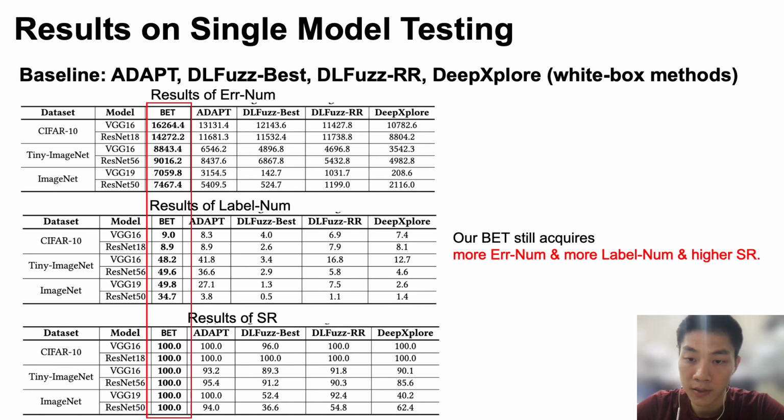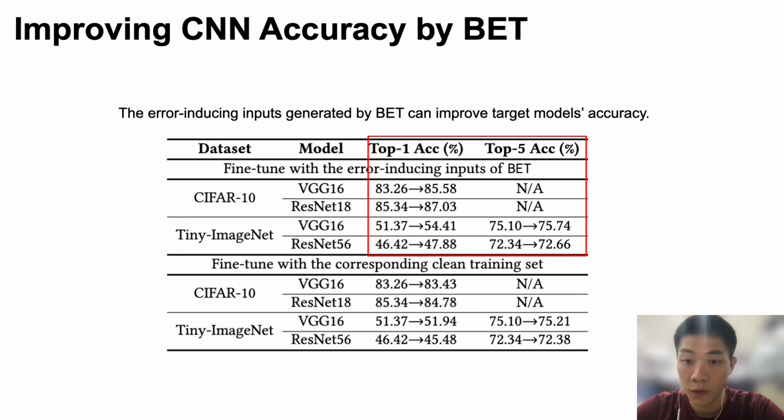In single model testing series, we still acquire more audience inputs with more diversified labels and higher success rate. We further validate that the audience input generated by us can improve target model's accuracy by nearly 3% with 5 epochs of fine-tuning. We also fine-tune these well-trained target models with only the trained datasets under the same setting, and the accuracy remains the same or even decreases.